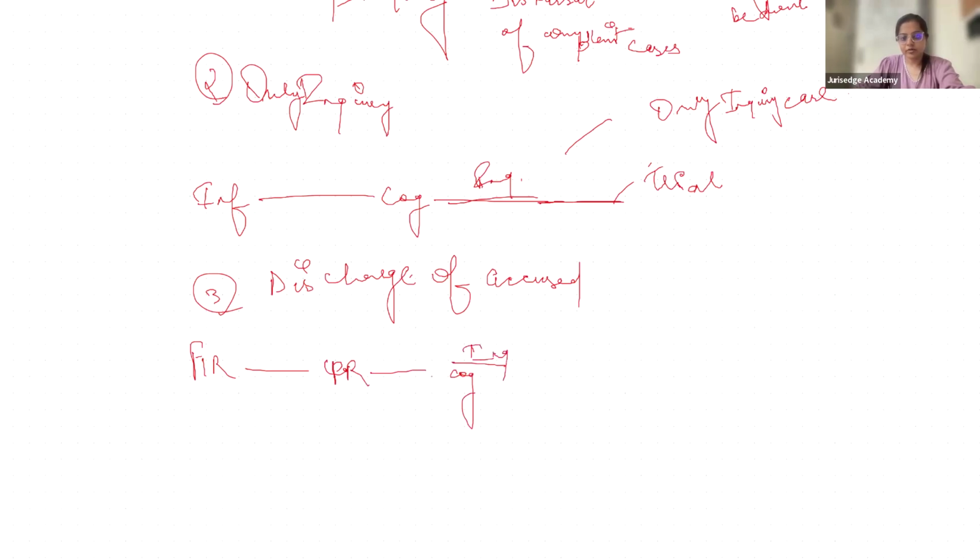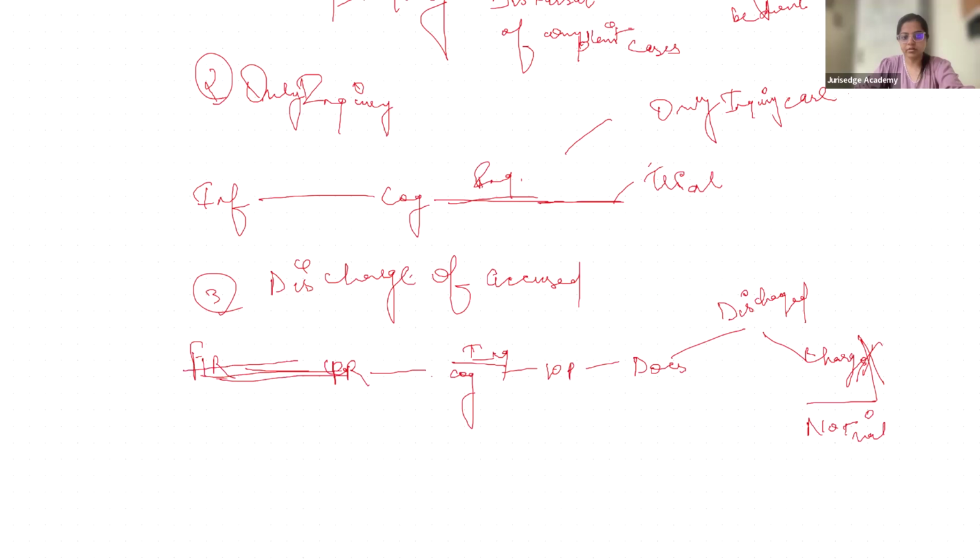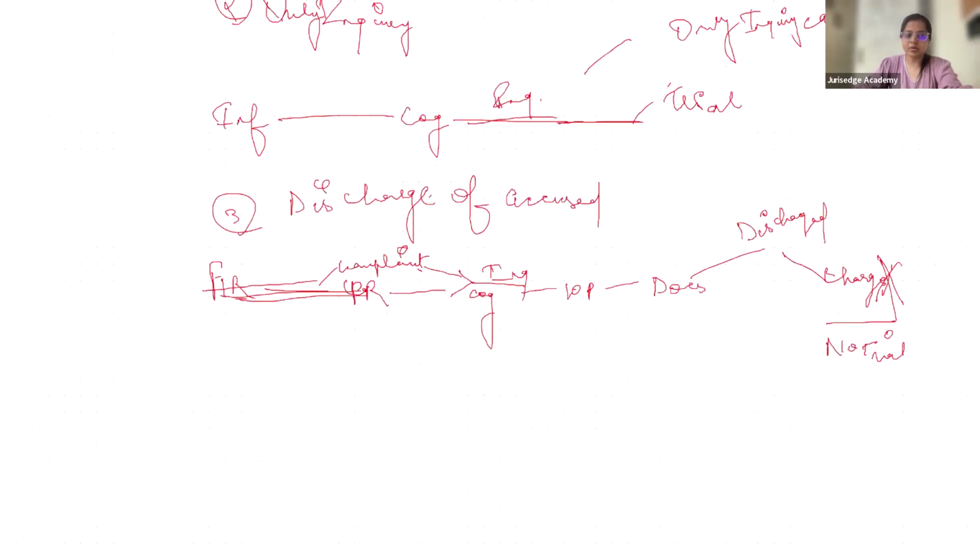Where before framing of charges the accused is discharged, then obviously the charges are not framed, then no trial. This is not in the case of FIR, but in cases of complaint, because in a complaint, direct cognizance is taken. So in this case, no trial is there, no investigation is there, then this is the only case of inquiry.